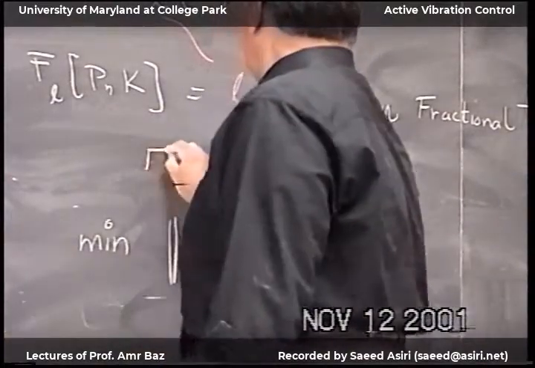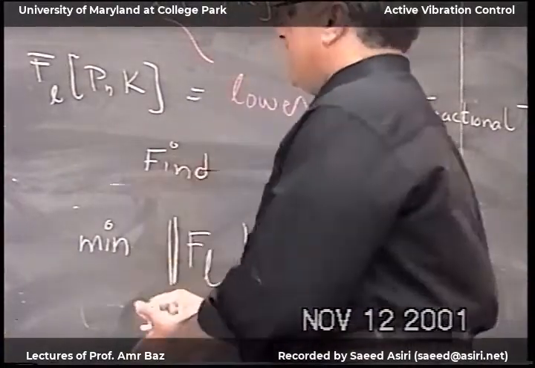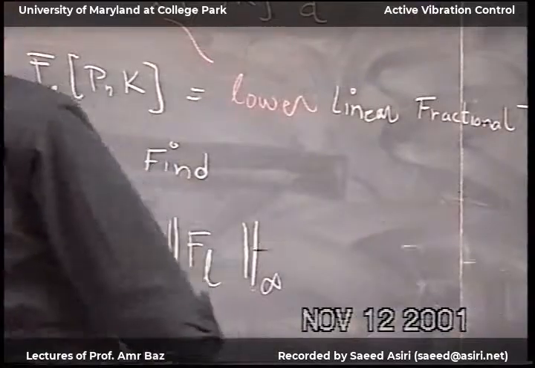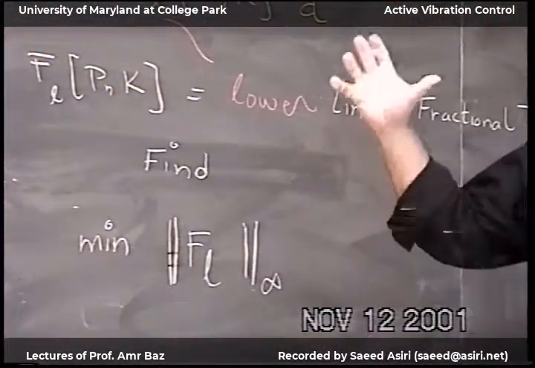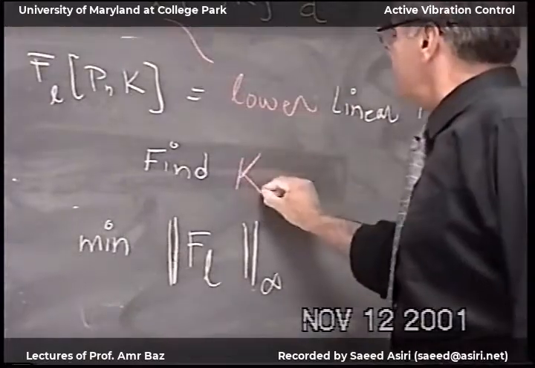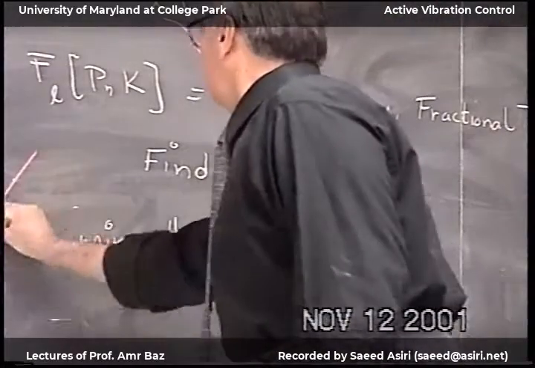Our job is to find cap K, the augmentation of the estimator and the controller. Find K to minimize this.